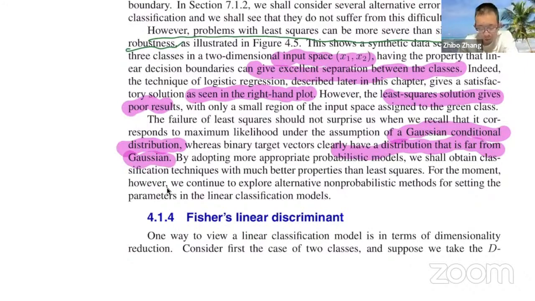By adopting more appropriate probabilistic models, we shall obtain classification techniques with much better properties than least squares.